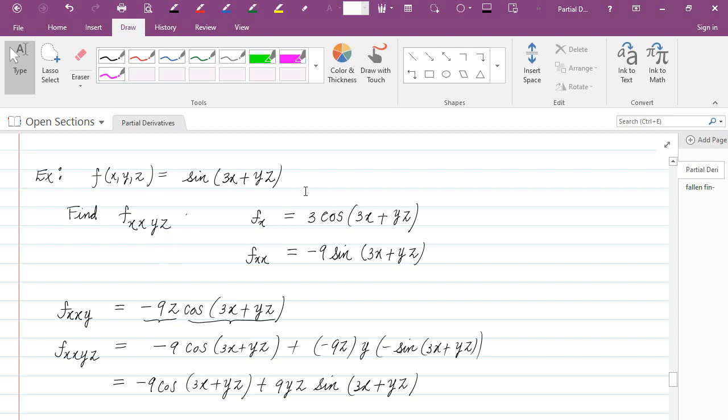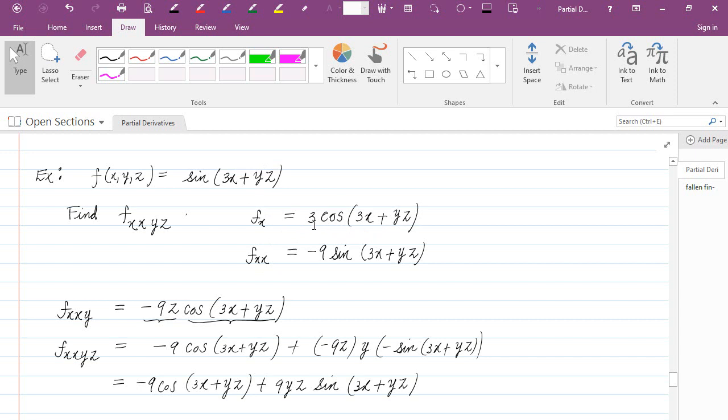First we find the partial derivative of f with respect to x. With respect to x, y and z are fixed, so we get cosine of 3x plus yz, and then the derivative of the inside with respect to x would be 3. So we get 3 cosine of 3x plus yz. Now we take the derivative of this with respect to x again.